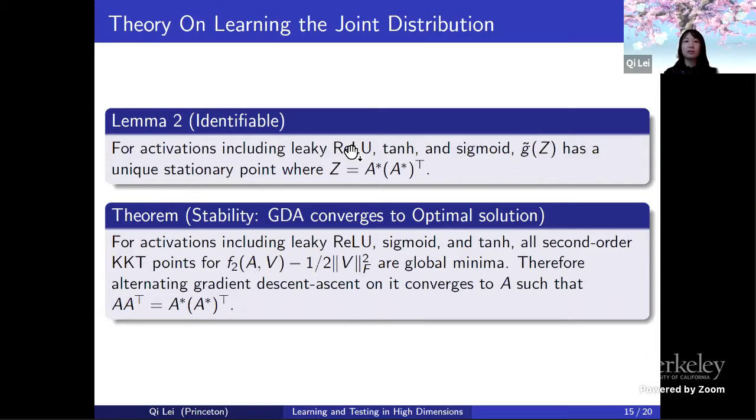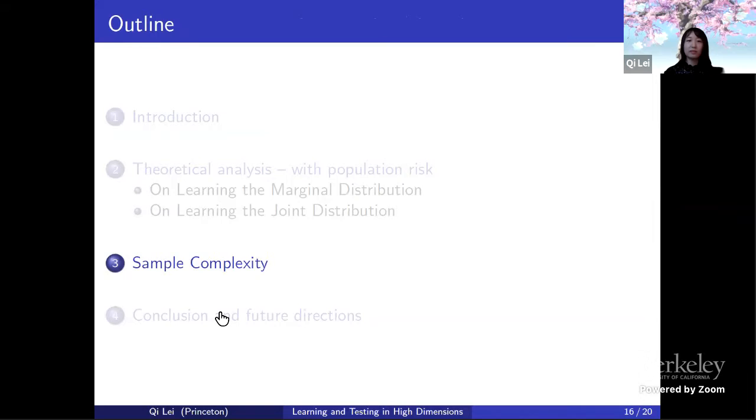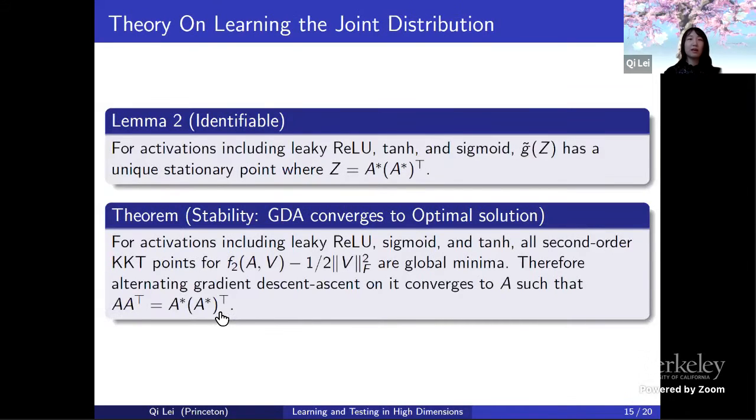Therefore, on learning the joint distribution, we can show that for activations including leaky ReLU, tanh, and sigmoid, G tilde(Z) has a unique stationary point such that Z equals A star A star transpose. In this case, gradient descent ascent also converges to the optimal solution that matches A star A star transpose. Notice that once we learn this, we have learned the target distribution.